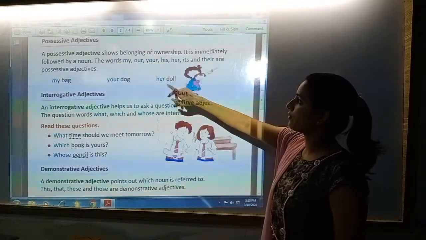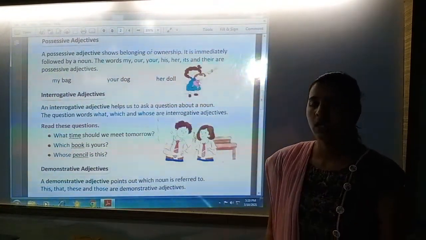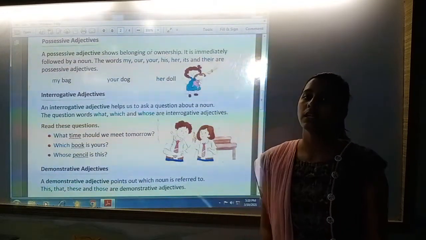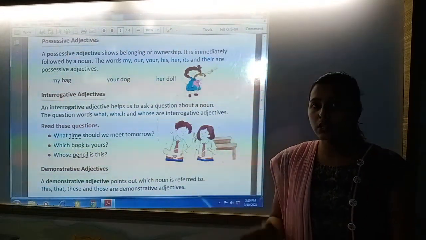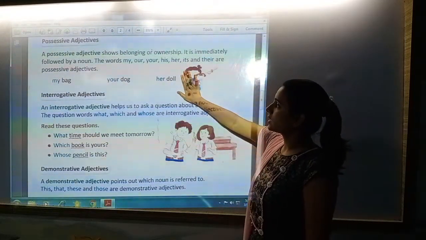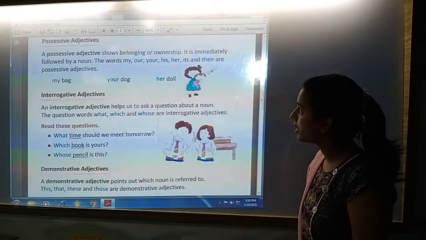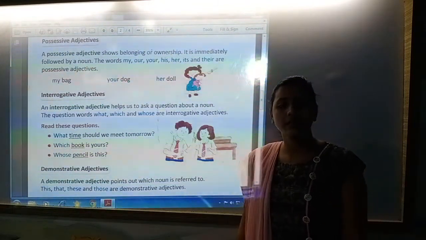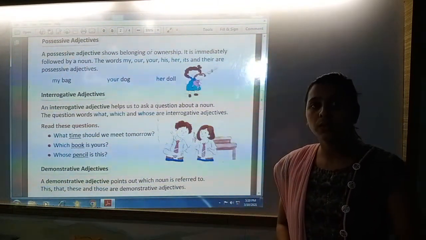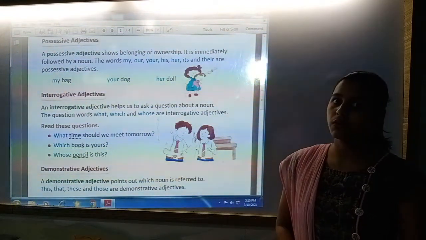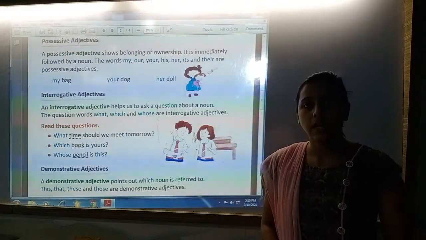It is immediately followed by a noun. After a possessive adjective, immediately there will be a noun. It is just used before the noun. The words such as my, our, your, his, her, its, their are possessive adjectives which show the possession or ownership or relation between the noun and adjective.